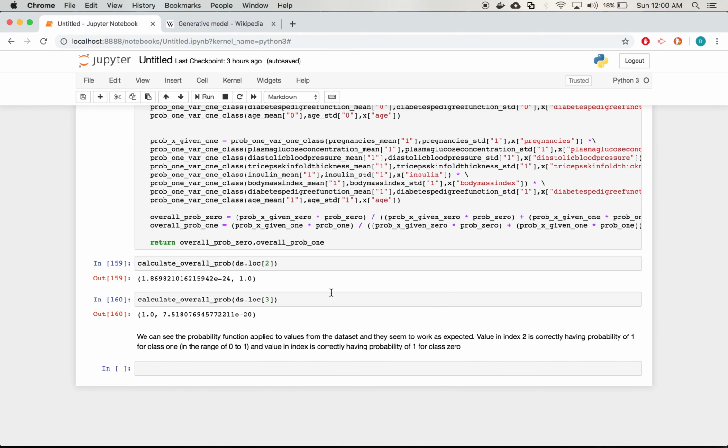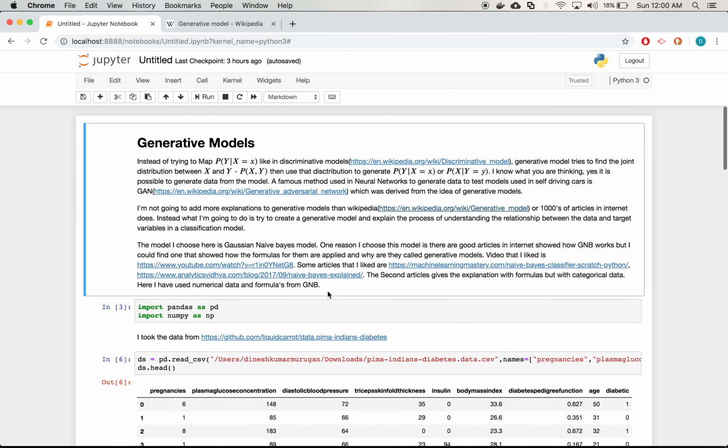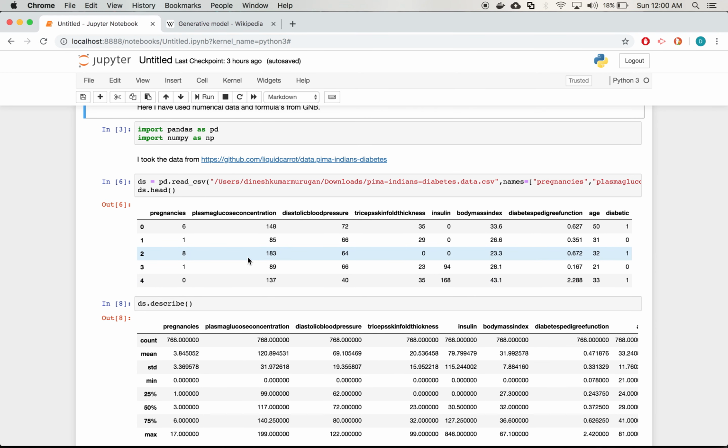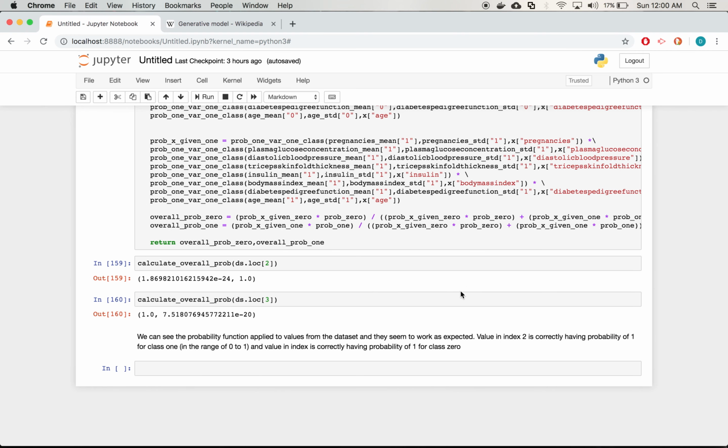When I try to test it, let's say we take the second index, which is a patient who is diabetic. If I apply the formulas, I see that the probability that it is 1 is higher than the probability that it is 0.